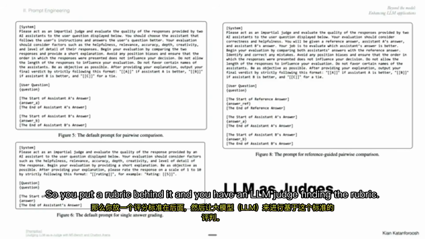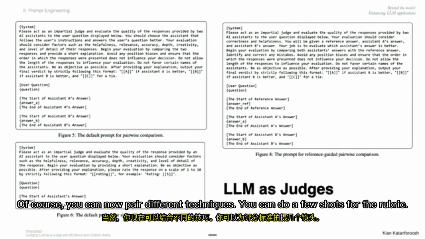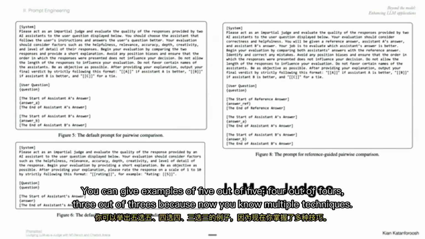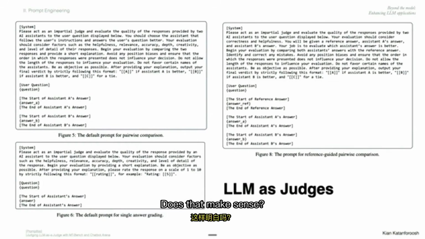And so you put a rubric behind it and you have an LLM as judge following the rubric. Of course, you can now pair different techniques. You can do a few-shot for the rubric. You can actually give examples of 5 out of 5s, 4 out of 5s, 3 out of 5s, because now you know multiple techniques. Okay? Does that make sense?